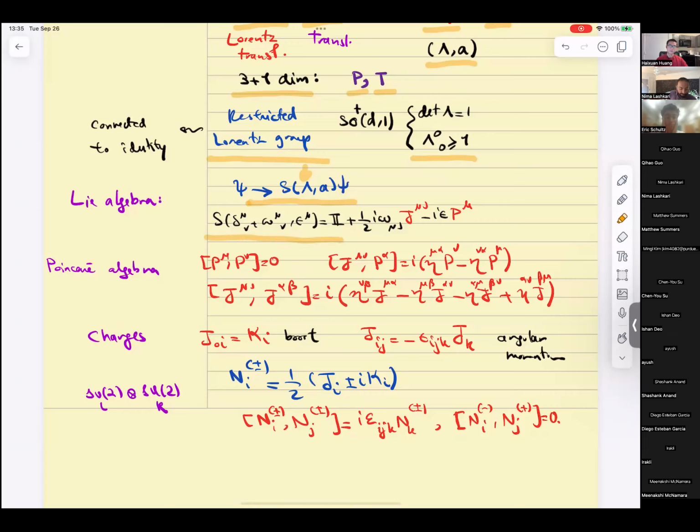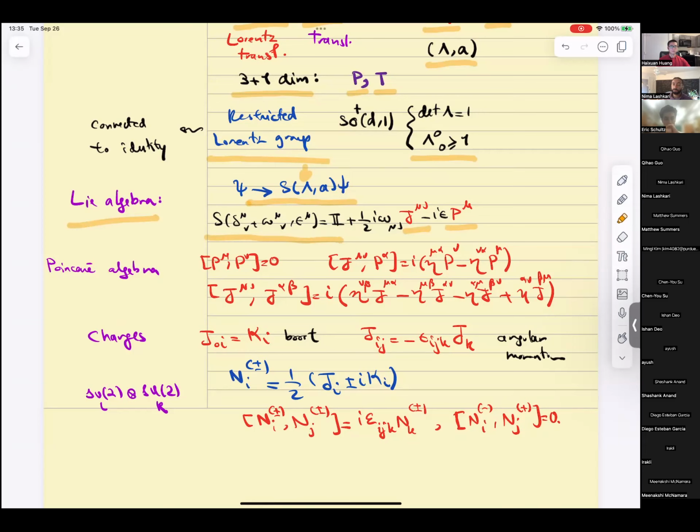We could expand our group elements near identity in the tangent space near identity and look at the Lie algebra. The resulting Lie algebra could be organized in terms of 2 sets of generators. P mu are the generators of translations, otherwise known as momenta: P0 is the Hamiltonian and the P^i are regular momenta. And J mu nu are the Lorentz charges.